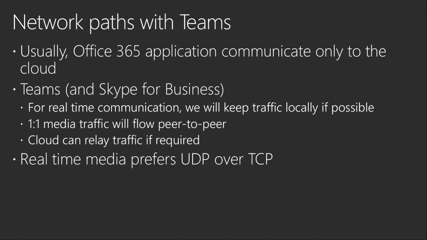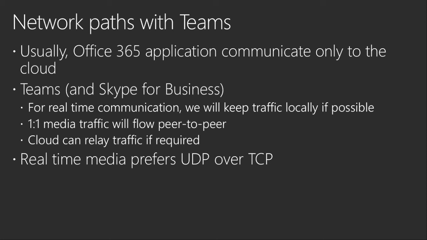Well, if it's not, if there's a firewall between me and Dan, or if Dan is staying at a hotel and the hotel doesn't allow this kind of direct connection, we can still send it to the cloud and relay the traffic there. So we support that. However, now the network path is a little bit longer because it needs to go first to the cloud service that does the relay. It might also be over a network that I can't control as much, because now it needs to go over the internet for some part.